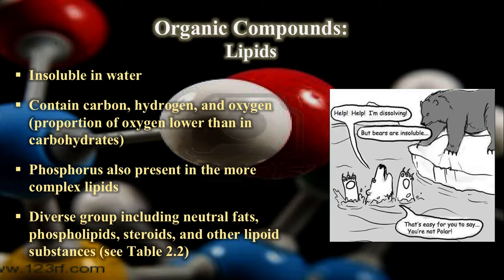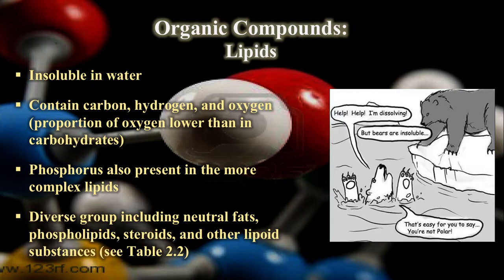Okay, so they all fit under the umbrella term of a lipid. Those are all different examples. They are also CHO, so they also have carbon, hydrogen, and oxygen. But they are not in that CH2O formula. They're in different proportions. There's lower oxygen than what you see in carbohydrates, but there isn't a general formula for them.